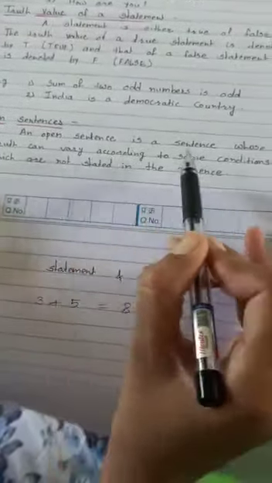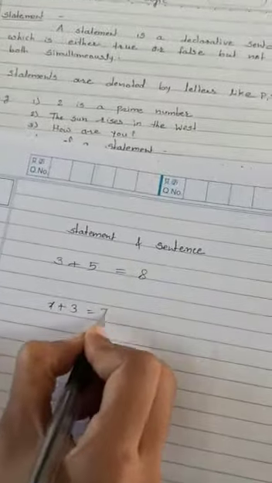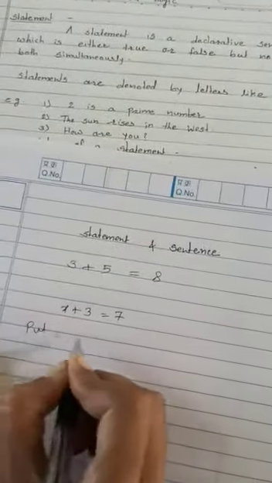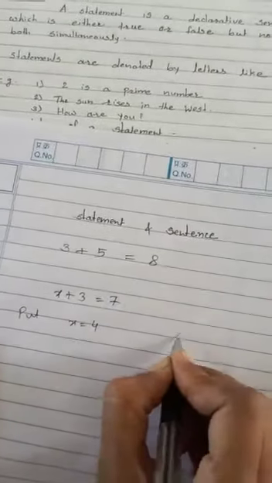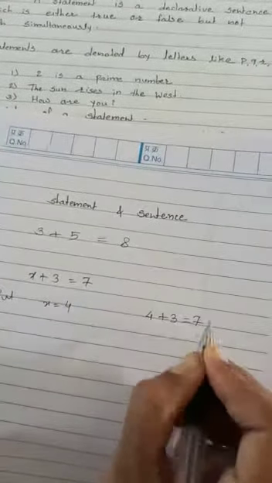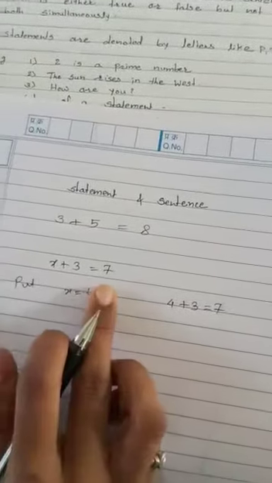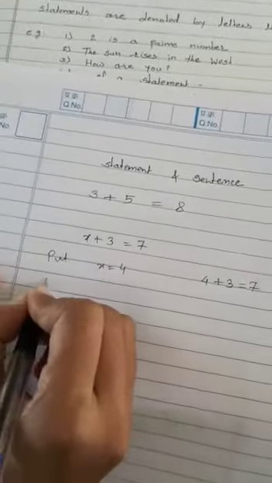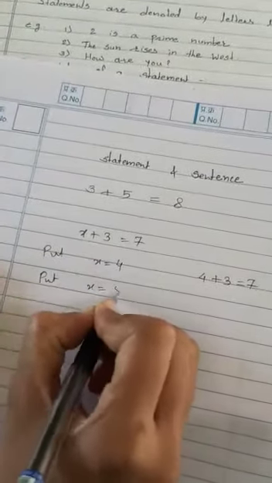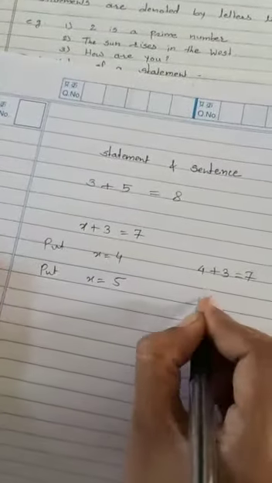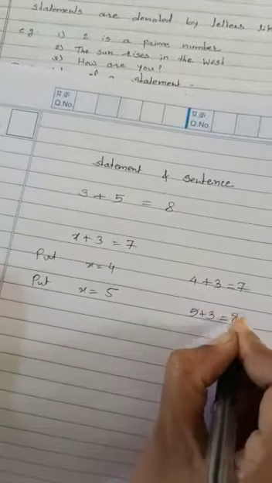Second example, x plus 3 equal to 7. Now look at here. If we put x equal to 4, then we get 4 plus 3 equal to 7. That means this sentence is true. But if we put x equal to 5, then 5 plus 3 equal to 8.